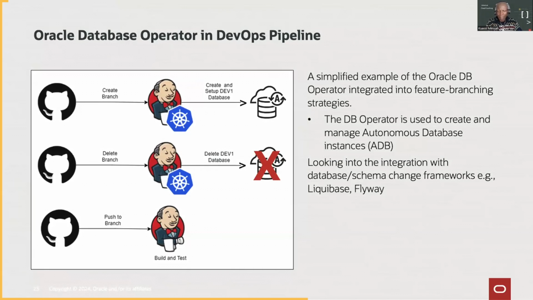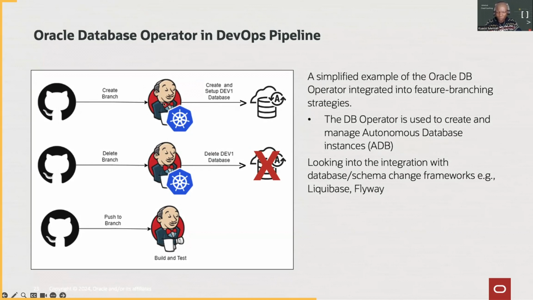And in a very minimalist illustration, we have Mr. Jenkins in the middle here, which is one of the tools you use in DevOps, right? So I want to create a branch. Mr. Jenkins will generate the YAML file and execute it. So the operator will execute the YAML file and will provision the database for you. So that's an automation, right?